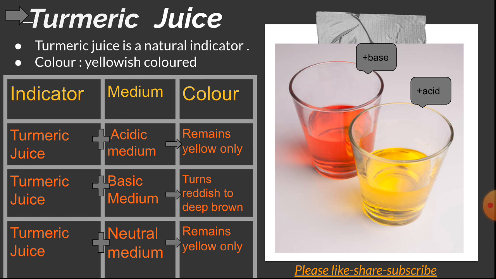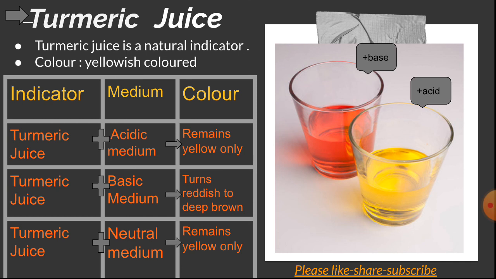When turmeric juice is added to an acidic medium, it remains yellow only. But when turmeric juice is added to a basic medium, it turns reddish brown or red in color. When turmeric juice is added to a neutral medium, it remains yellow only.